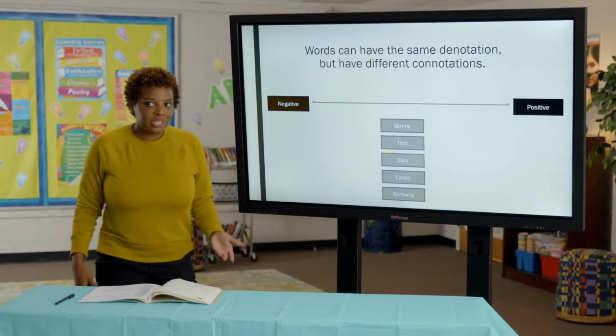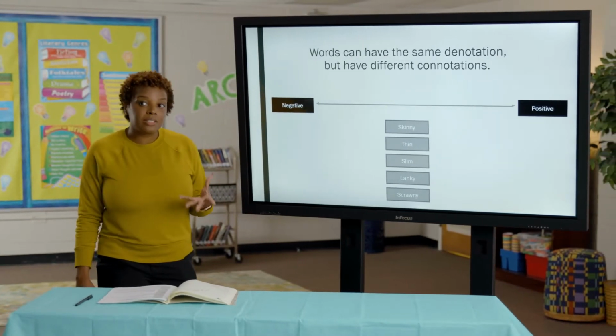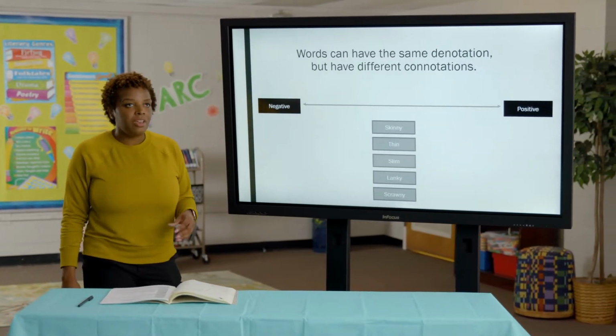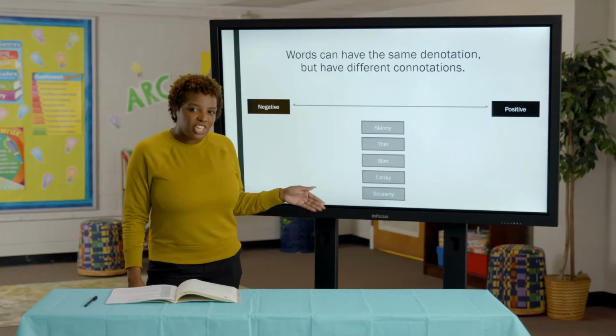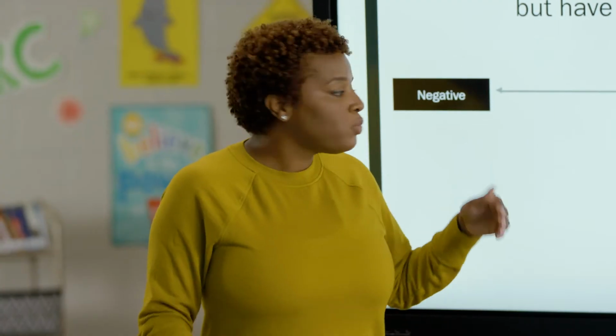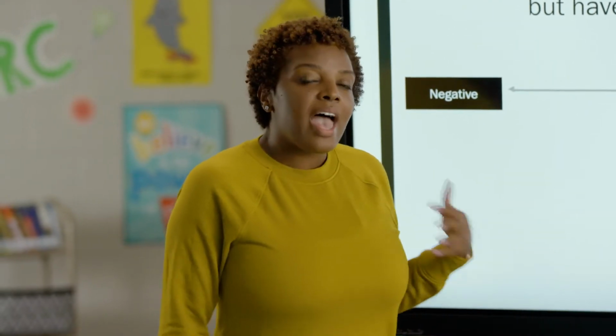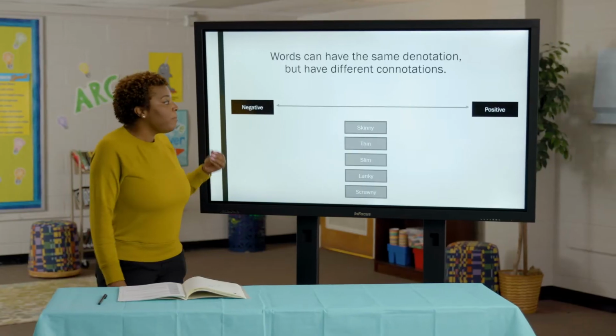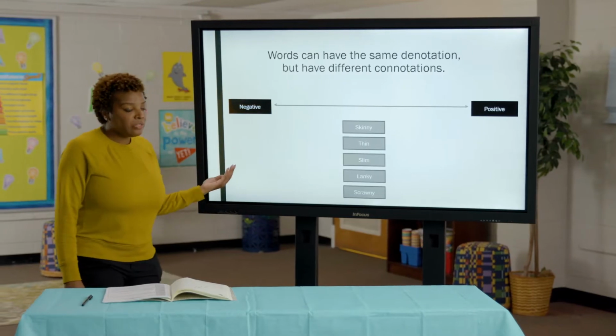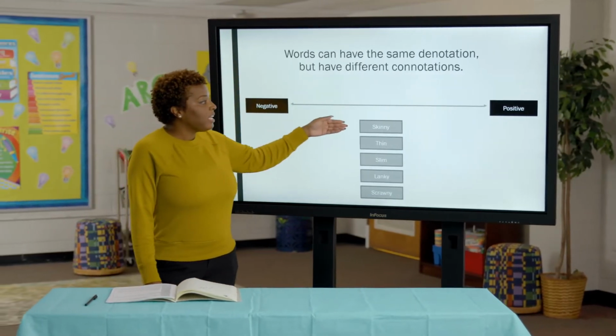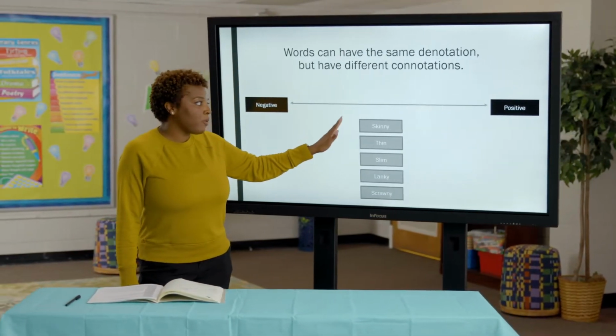So when you look at these particular examples here, you have skinny, thin, slim, lanky, and scrawny. When we think about the dictionary, the denotative meaning, these words mean the exact same thing. However, when we think about the connotation of these particular words, some may be more positive than others. So when we think of the word skinny, it kind of lies right here in the middle.